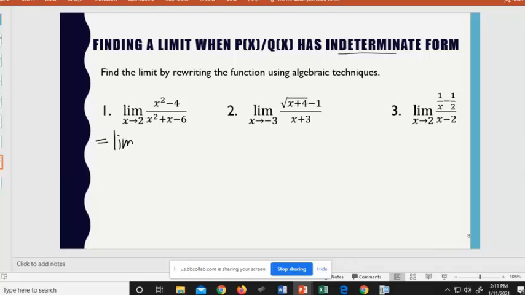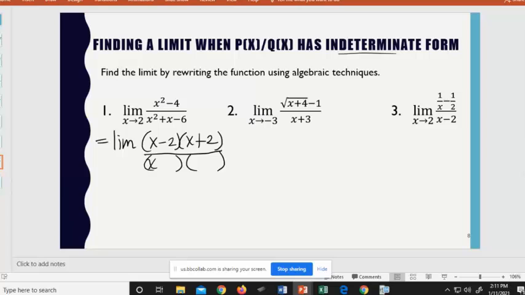So this is equal to the limit of... this is a difference of 2 squares. So x minus 2, x plus 2 over, and then in the denominator, we're trying to factor x squared plus x minus 6.